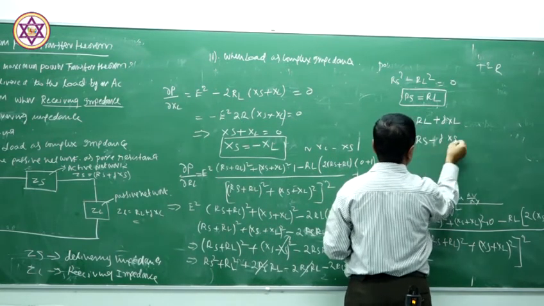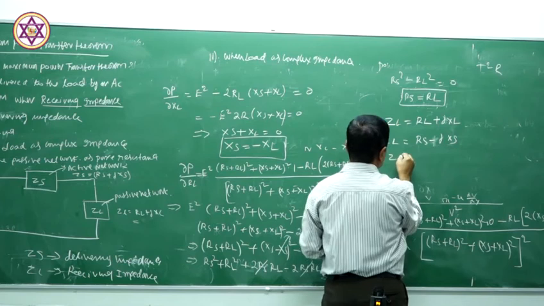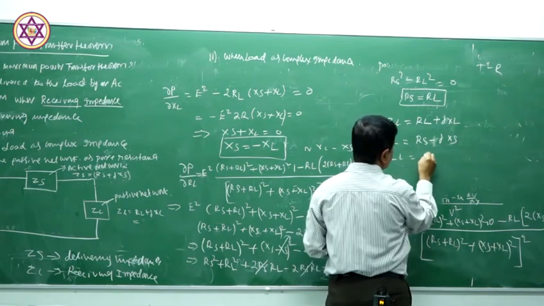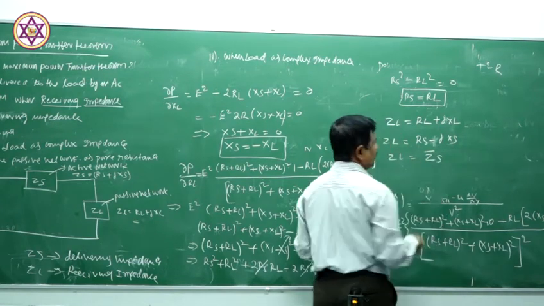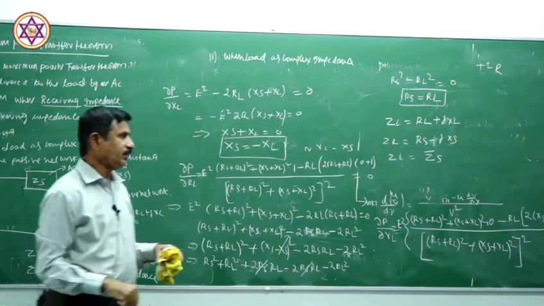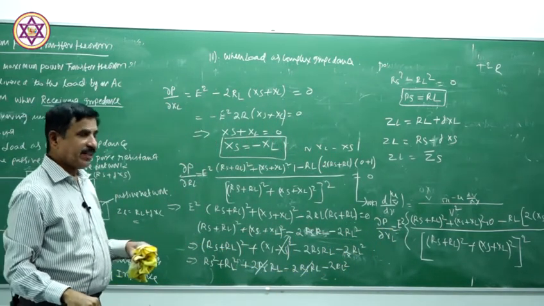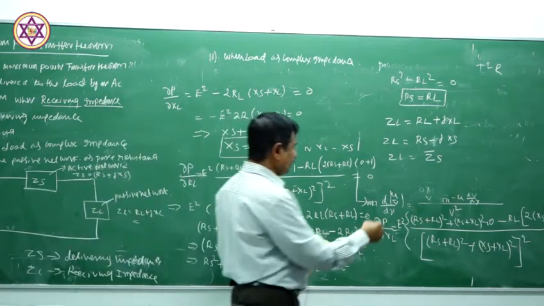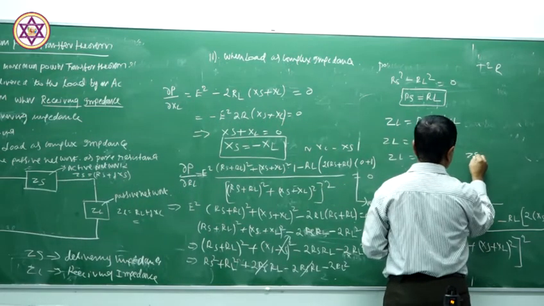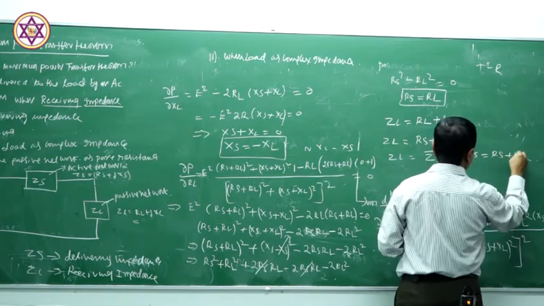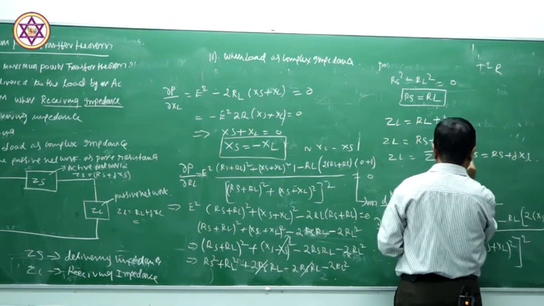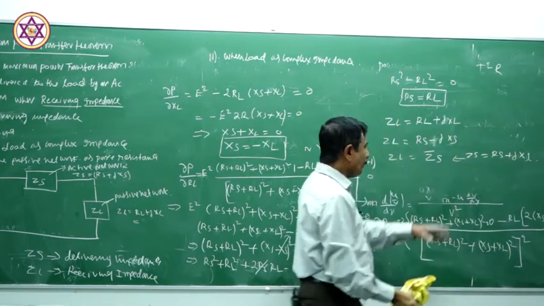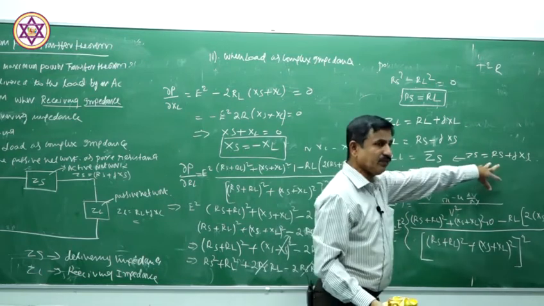Therefore, ZL is equal to ZS bar. That is because we have ZS equal to RS plus JXS, but here we have the complex conjugate of this one.